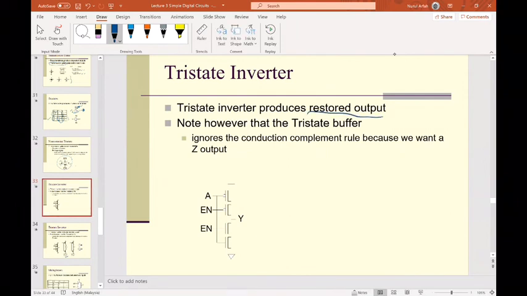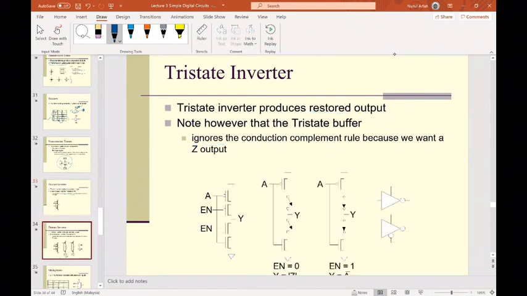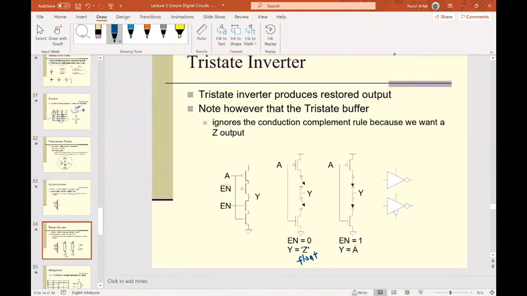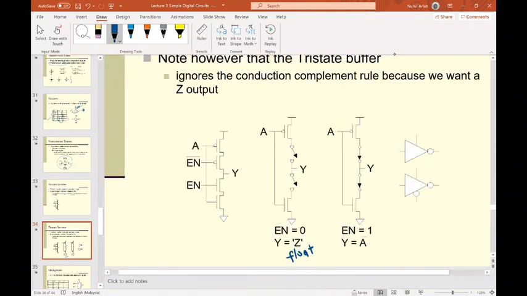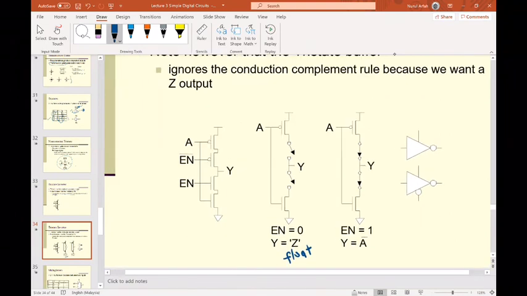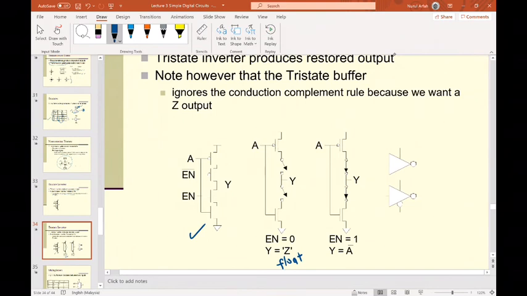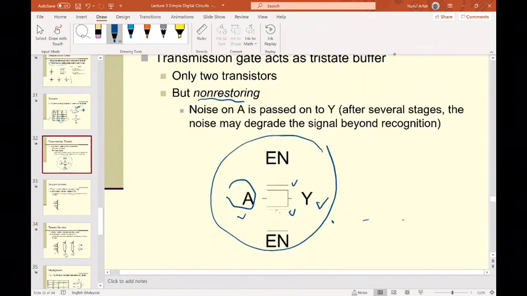Okay, however, the 3-state buffer ignores the conduction complement rule because we want an output of Z. Meaning to say here, if you look at this, this is a 3-state using pulse transistors. Coming from where? Coming from this.